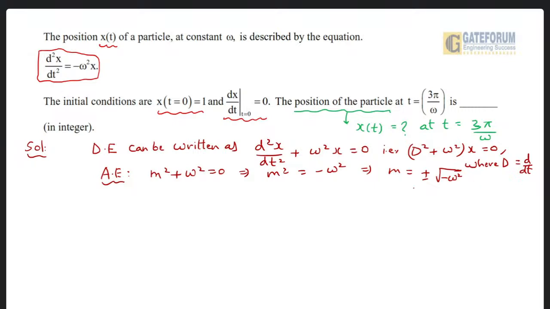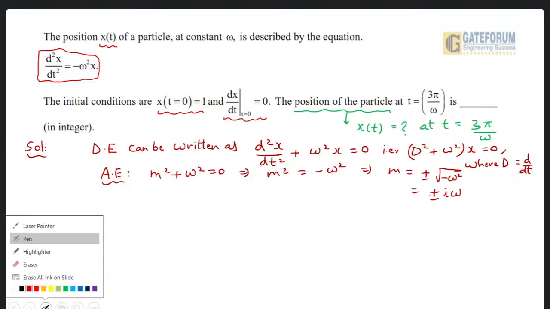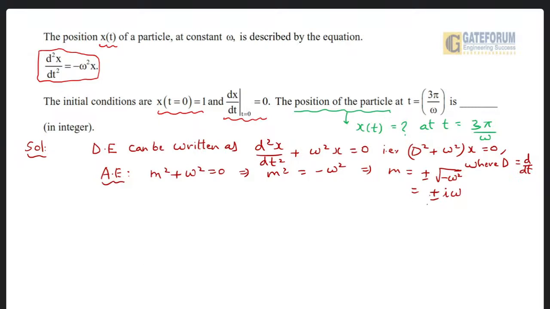So finally this is plus or minus i times omega. So comparing these roots with our standard form alpha plus or minus i beta, which gives alpha value 0, beta value equal to omega. Because the right hand side is 0, therefore the solution is x is equal to complementary function only.